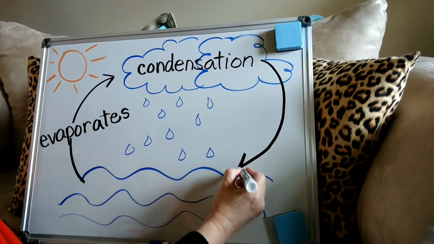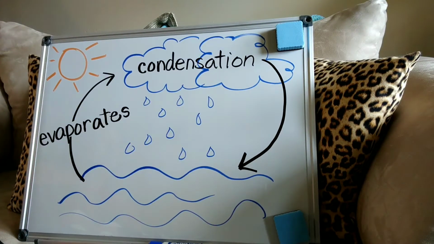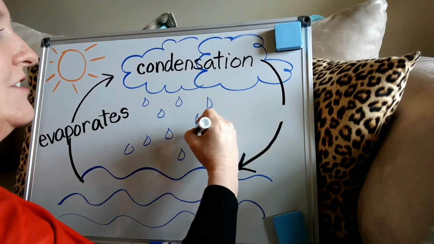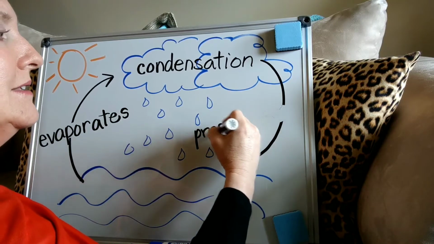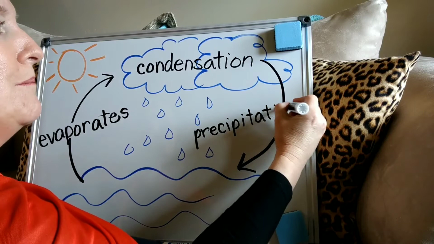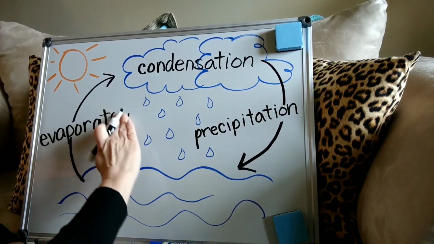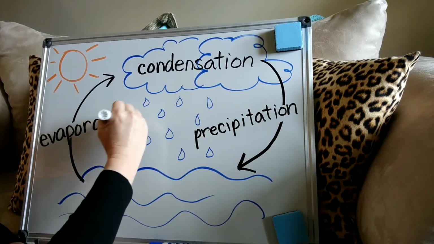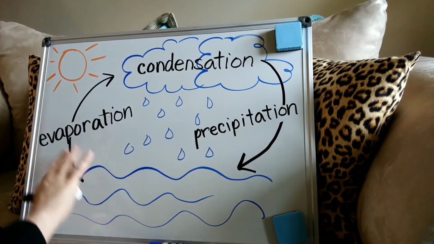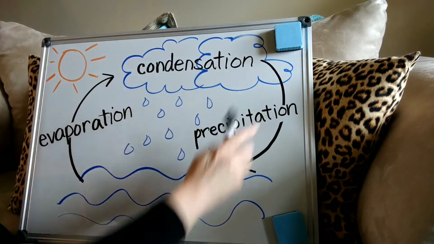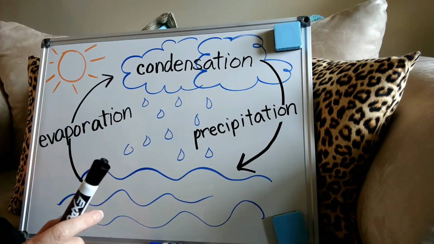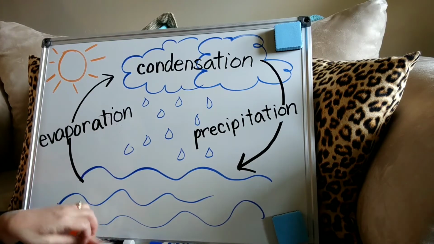So let me put an arrow because the water drops are raining down on us, and that's called precipitation. Those are some big, big words. You know what? I think I'm going to write evaporation here. Yes. All right, so here are your $3 million words. Evaporation, condensation, precipitation. And if you give me a second, I'm going to teach you a little song about that. So be ready.